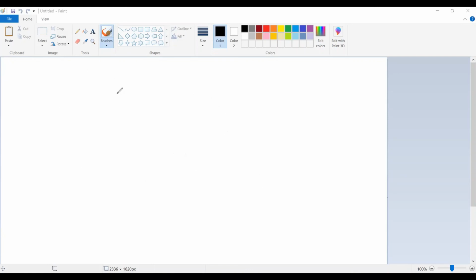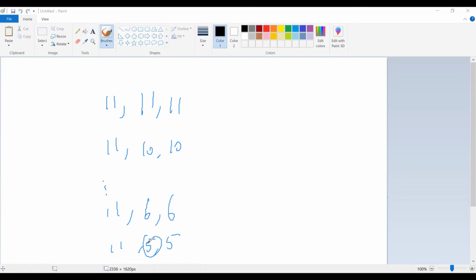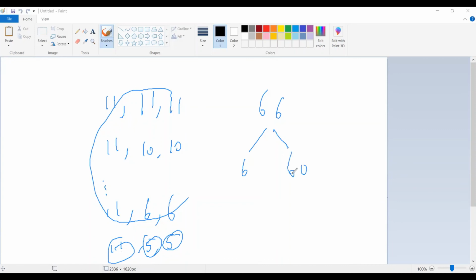So these are numbers such as 11, 11, 11, 11, 10, 10, all the way until 11, 6, 6, because 11, 5, 5 is never counted, because 5 plus 5 is smaller than 11, and it needs to be greater than 11. So 6 of them. Out of the 66, 6 of them are counted once as they should be, and 60 of them are counted twice.